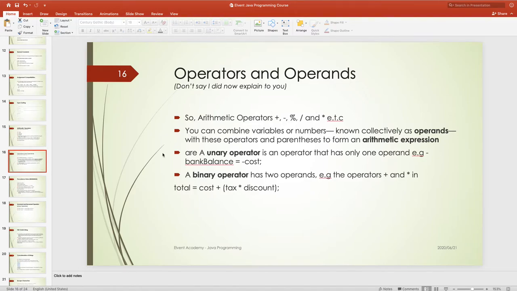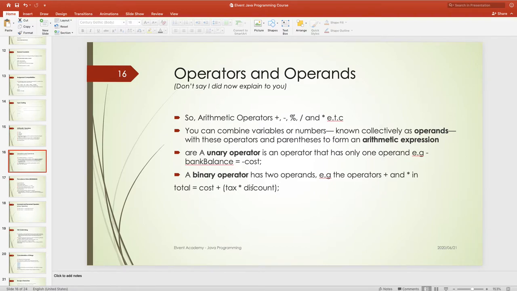We have some categories of arithmetic operators. We've got unary operators. A unary operator is an operator that has only one operand, which means it's applied to only one operand, just like the negative sign here, the subtraction sign, applied only on cost.